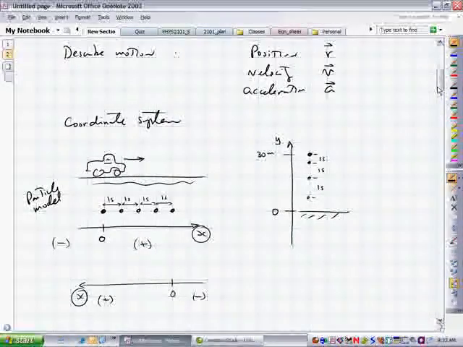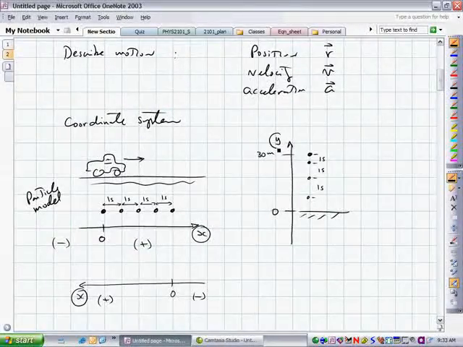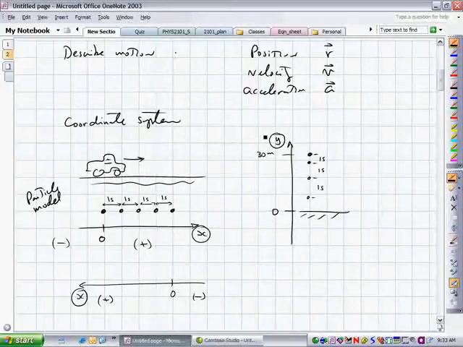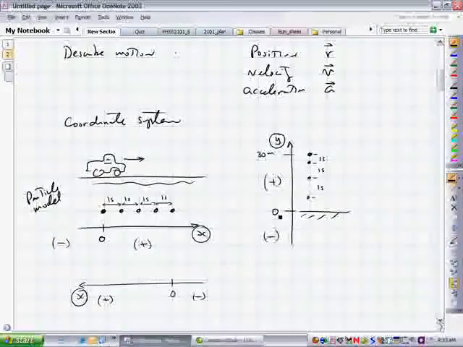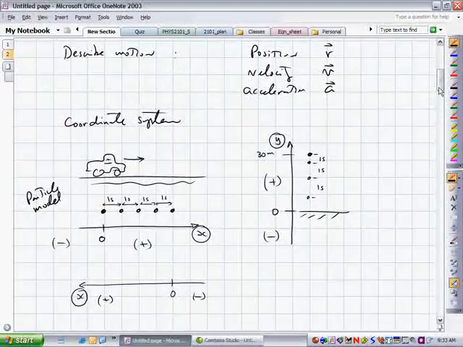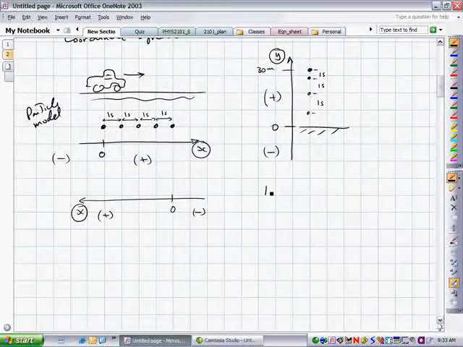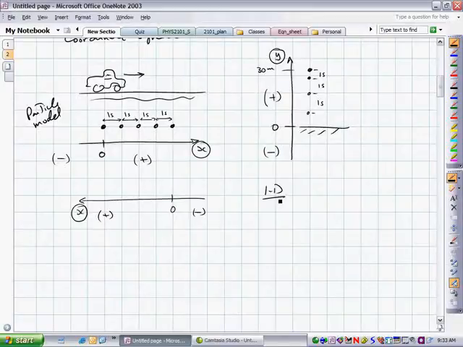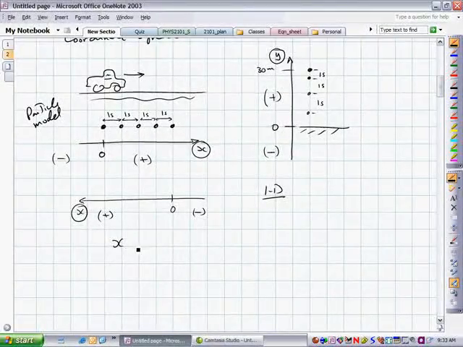And in this case we've chosen our coordinate system with the y-axis pointing up, which means anything above the origin has a positive value, anything below the origin has a negative value. These examples are examples of one-dimensional motion. In the case of the car, the position is given by the x-coordinate.